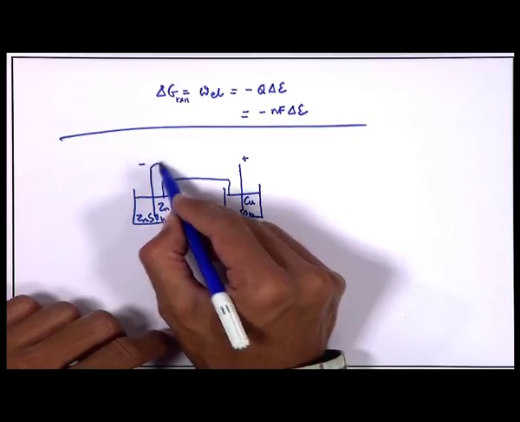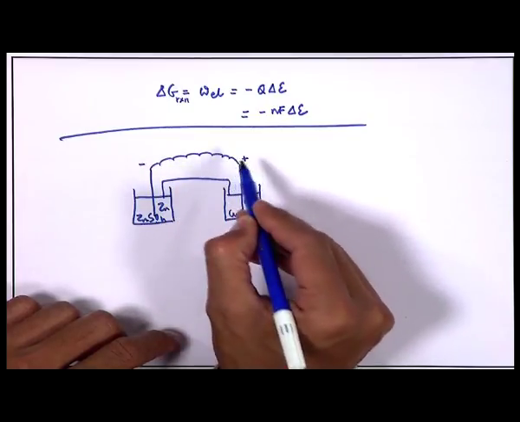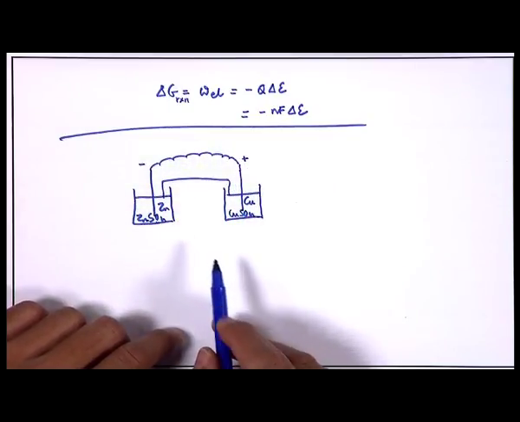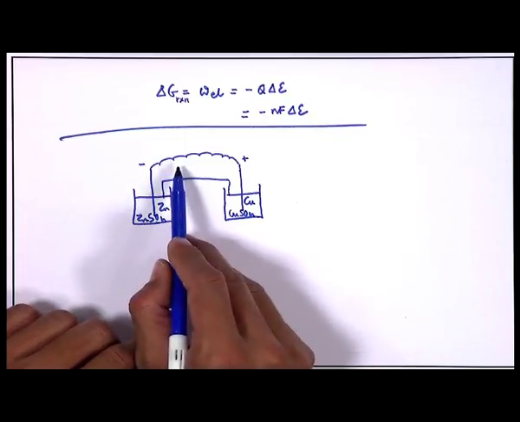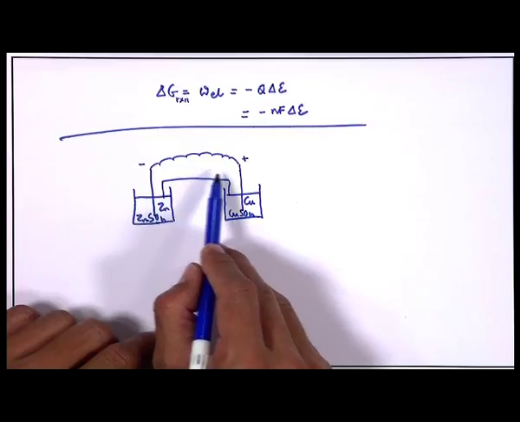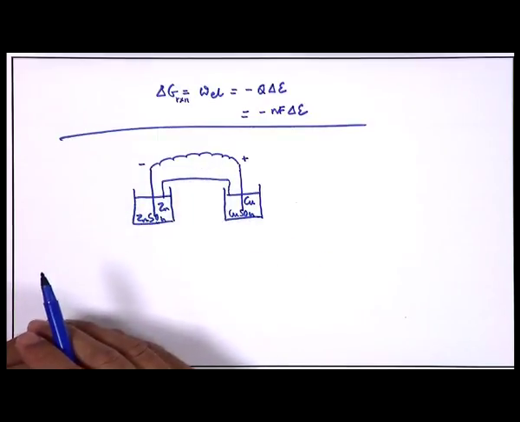So, you can connect this with an external wire, so that electrons will flow in this direction and current will flow in the other direction.